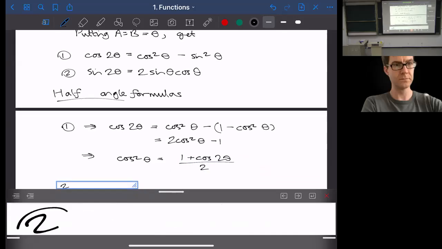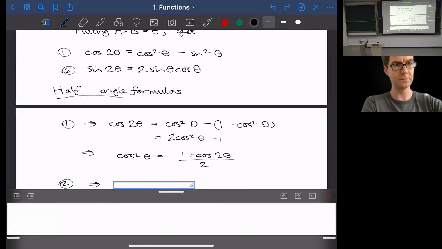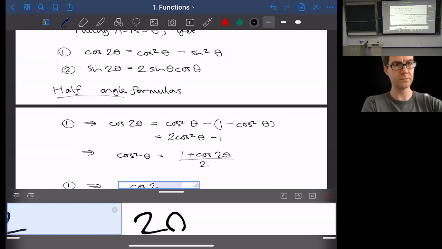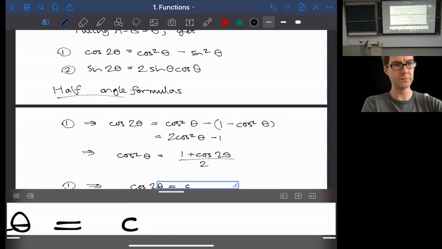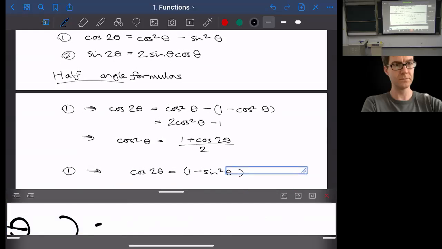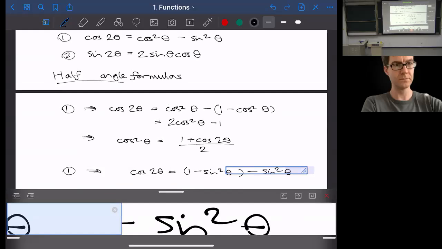And similarly, 2 implies that, oh no, I mean 1 implies that cos 2 theta is 1 minus sine squared theta minus sine squared theta.